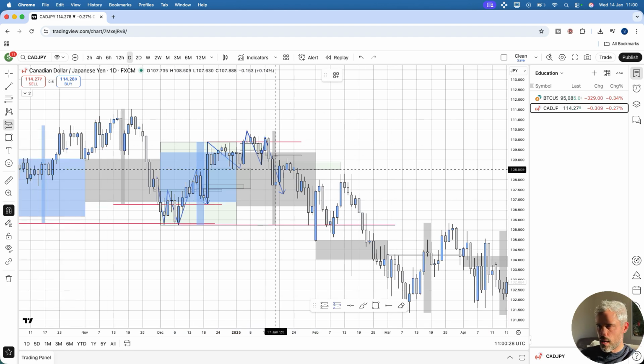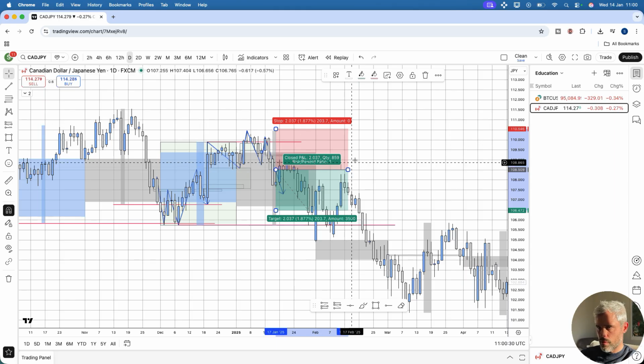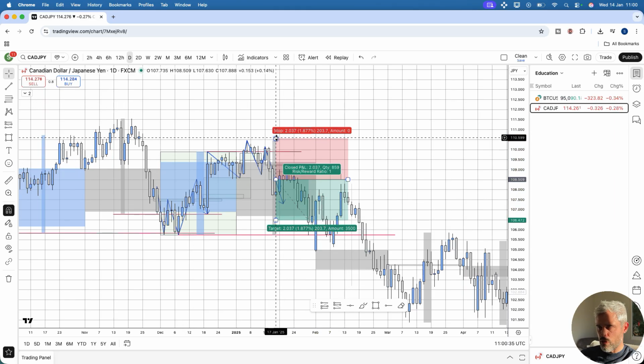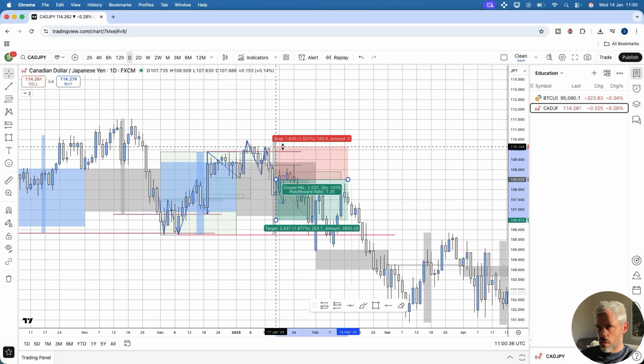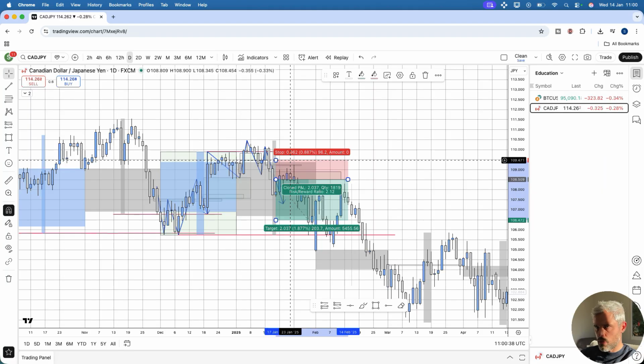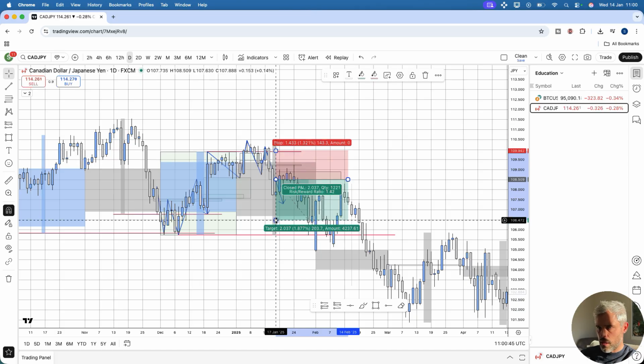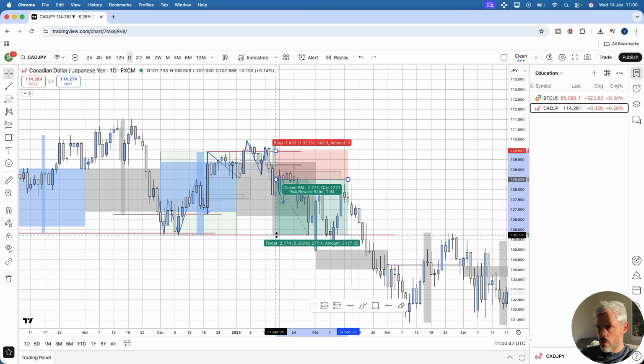So again, if we just take daily positions right here, we're not thinking about refinements at this stage. If you just want to cover the fair value gaps, you can, or you could cover the liquidation of the candle, and then you can target the low right there. So it's essentially a 2R trade.